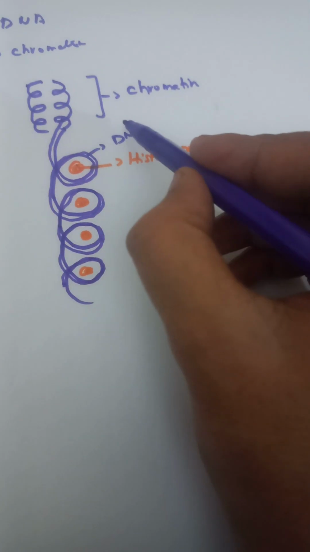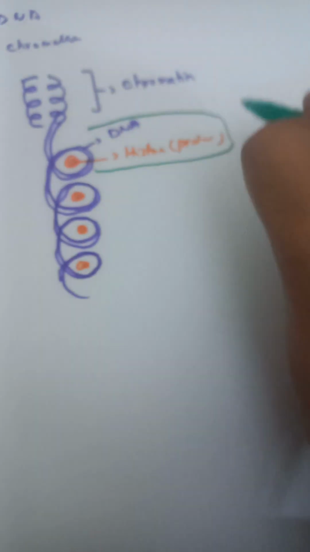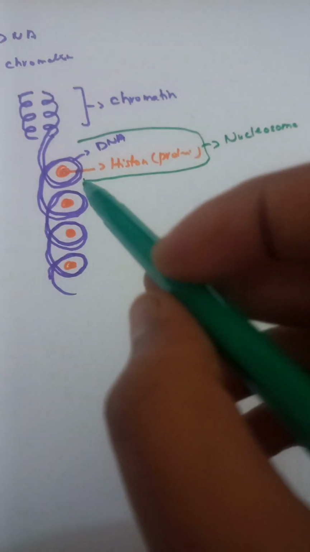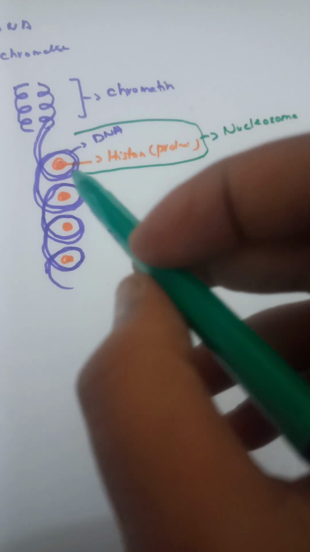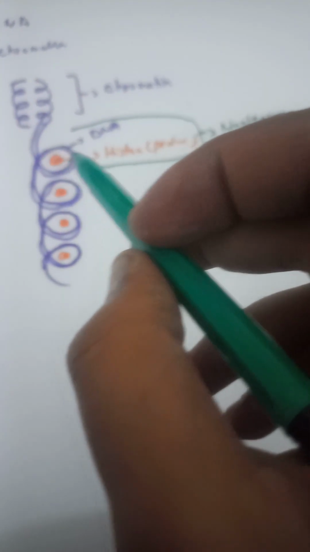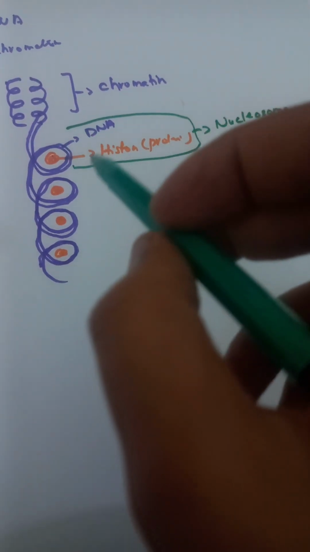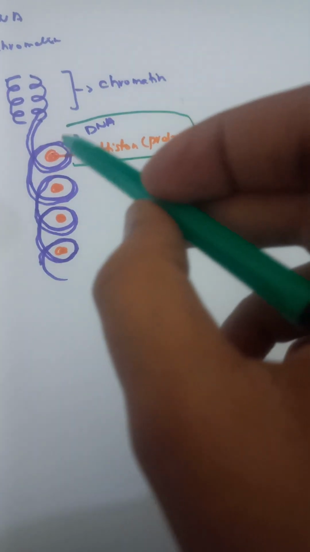What is this in total now? This is a nucleosome. So what is happening here? DNA is coiling or looping twice around this histone octamer to form a nucleosome. This whole now is a nucleosome.